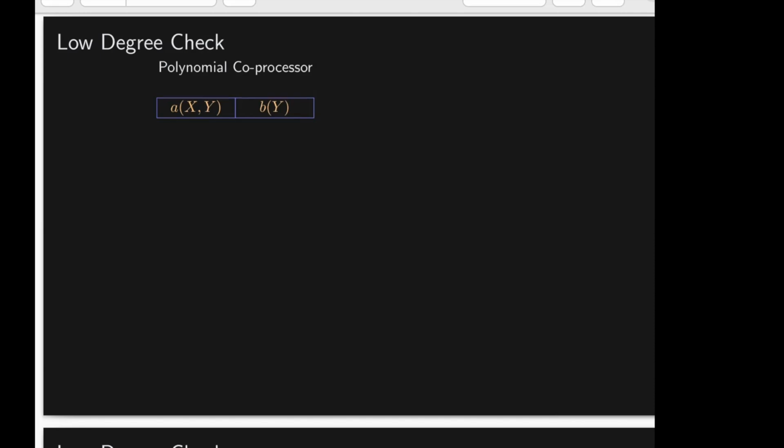As the virtual machine runs through its execution, it accumulates terms that are themselves univariate polynomials in X. And for every power of Y, it has one such term. So you can think of A of X,Y as consisting of a bunch of terms, every one of which is Y to some power times some polynomial in X.